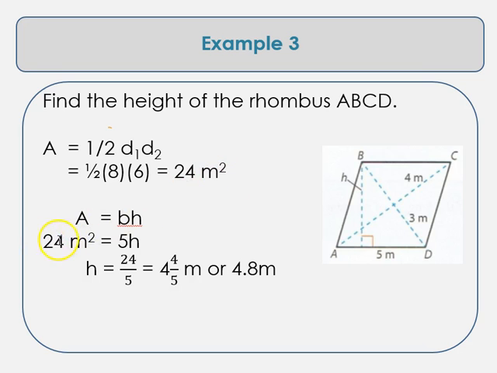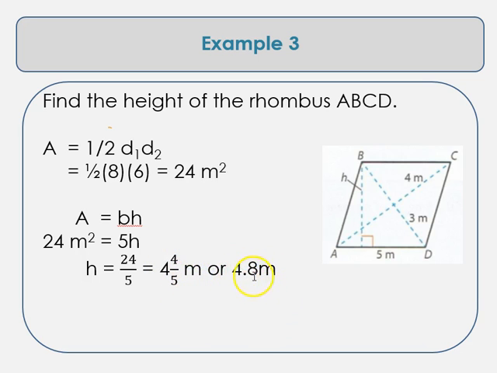We'll put this right here, and the area is 24 meters squared equals the base, which is 5, times the height. The height will be 24 divided by 5, which equals 4.8 meters.